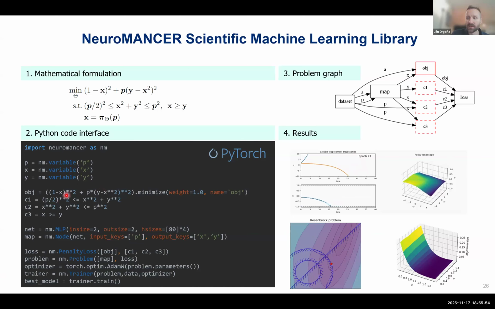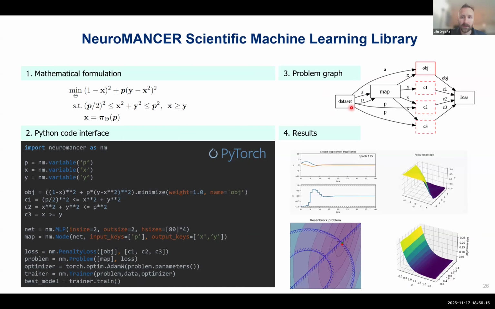Here, instead of parsing the optimization problem into a solver-specific formulation, we are embedding it with these neural solvers and constructing a computational graph, or so-called scientific machine learning architecture, that has 4 major components.